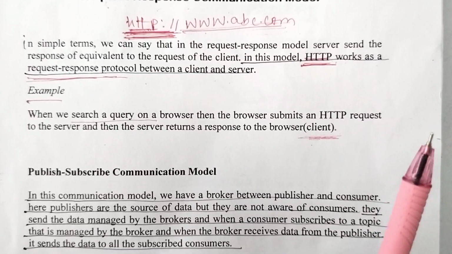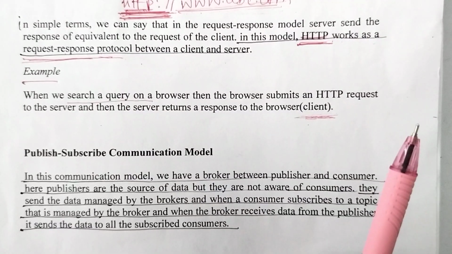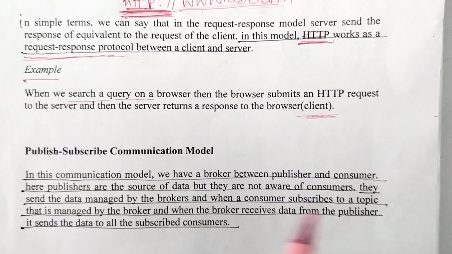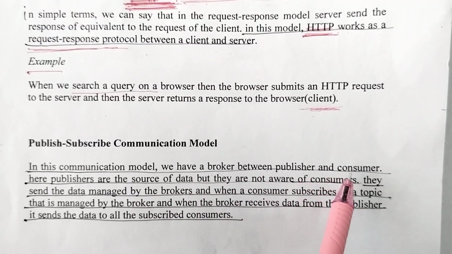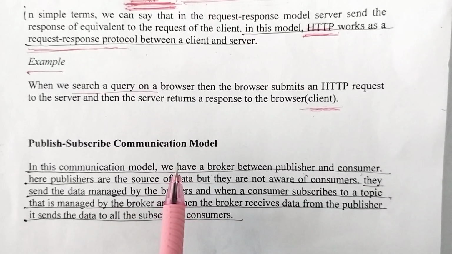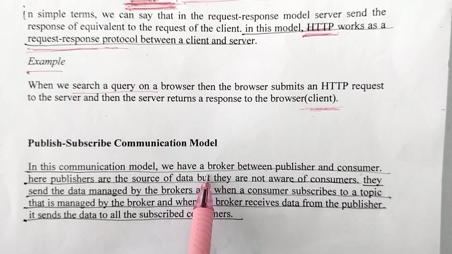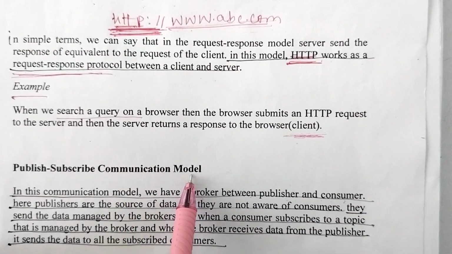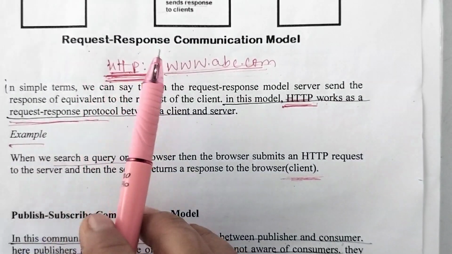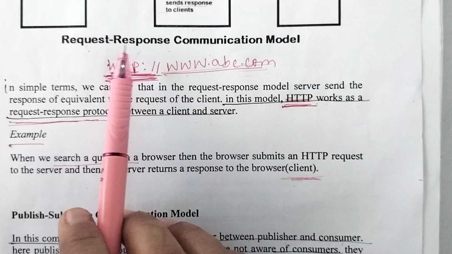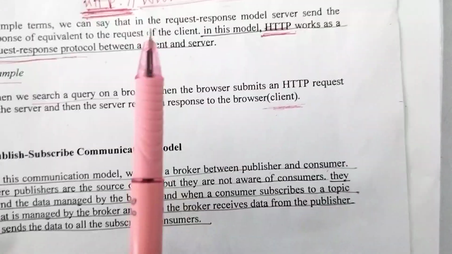Now another kind of communication model is the publish subscribe communication model. In this communication model, there is a broker between a publisher and the consumer. Before I proceed, you saw that in the request response communication model, at any given point of time, one request and one response was being entertained.